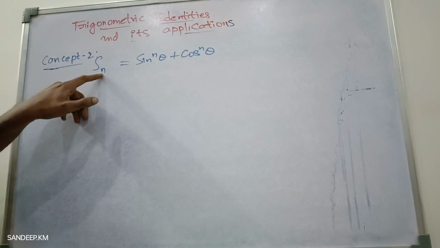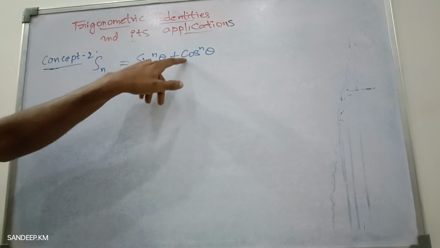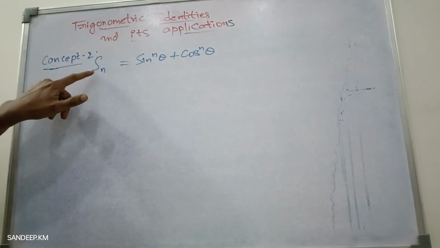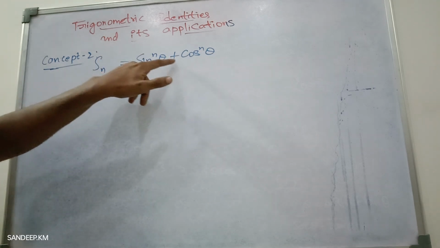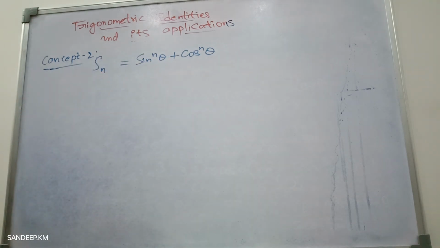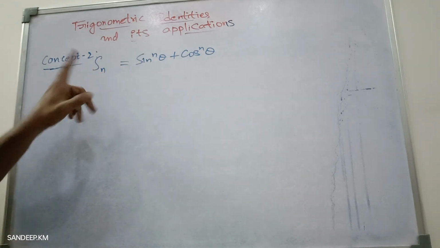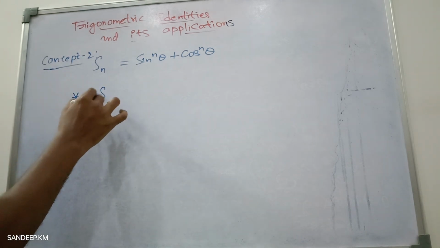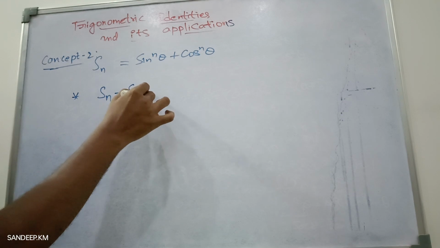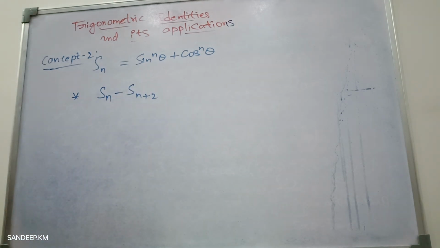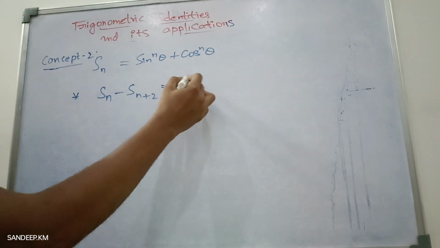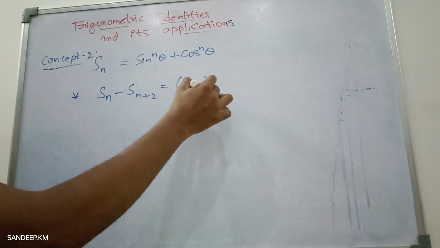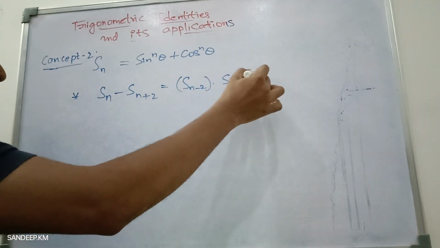S suffix 4 means sin power 4 theta plus cos power 4 theta. S6 means sin power 6 theta plus cos power 6 theta. Remember this. If this is equal to S suffix n, then what's important to remember is Sn minus S(n+2) is equal to S(n-2) into sin square theta cos square theta.